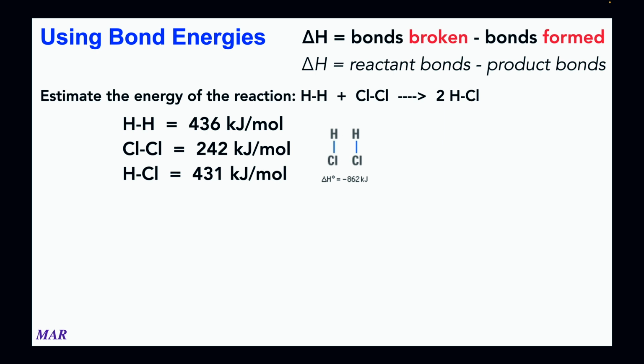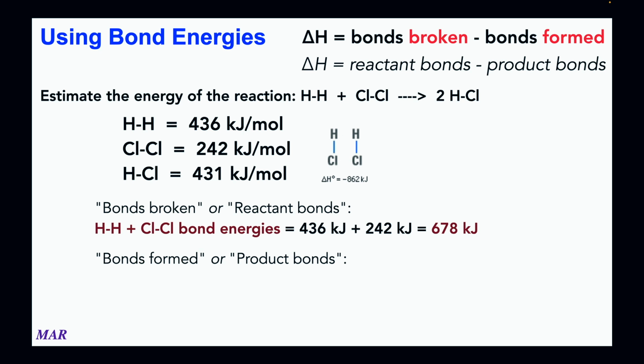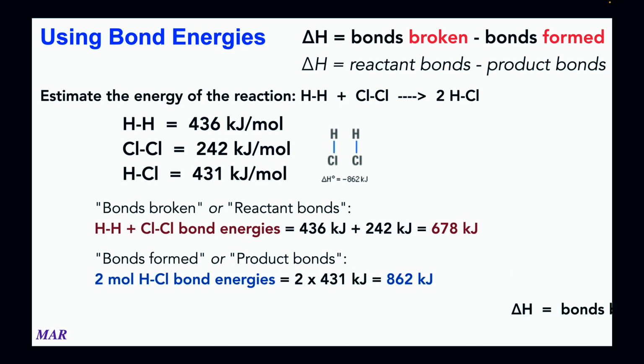So that means reactant bonds minus product bonds. So for this one, I'm going to break an H-H bond and a Cl-Cl bond, and we're going to form two H-Cl bonds. So mathematically, that's going to be 436 plus 242, the bonds of the reactants. I'm then going to subtract the bonds that are formed, the product bonds.